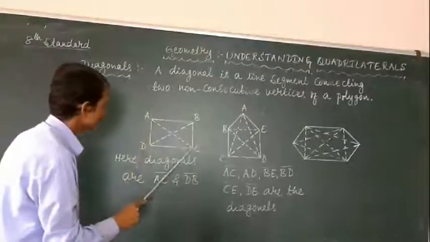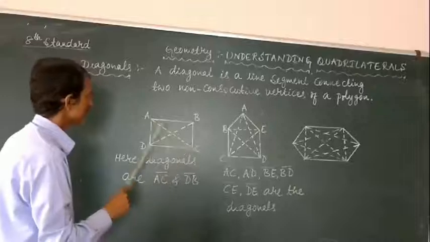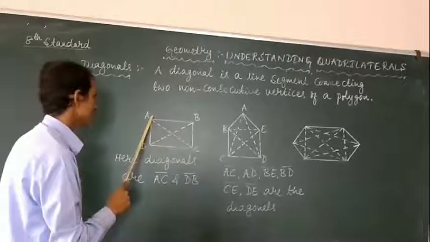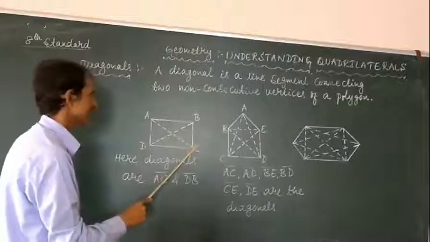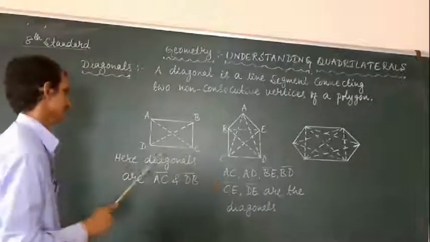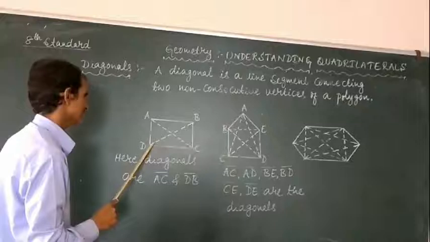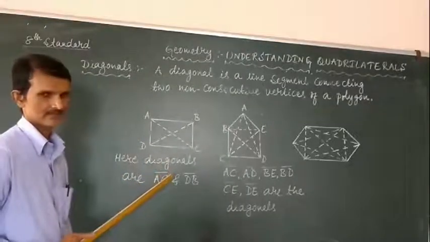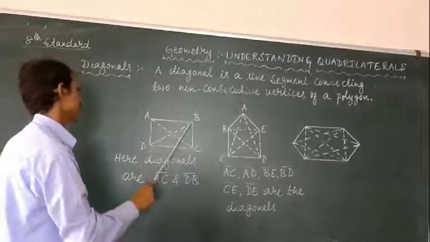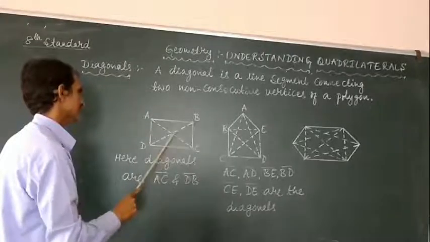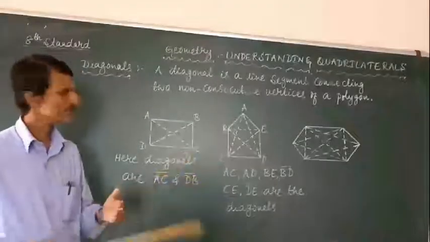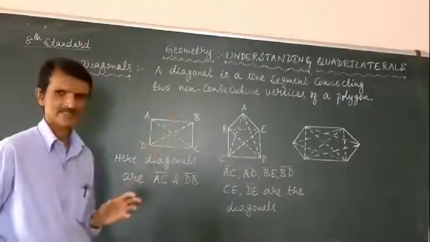A and C are the opposite vertices. Therefore AC is a diagonal. Similarly, DB is also a diagonal.